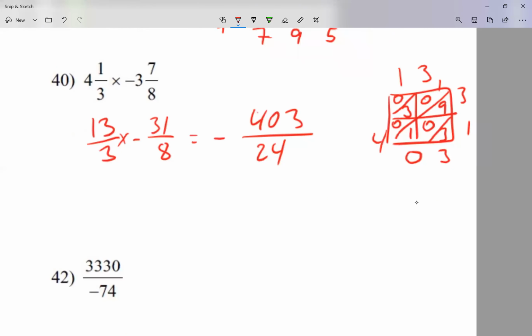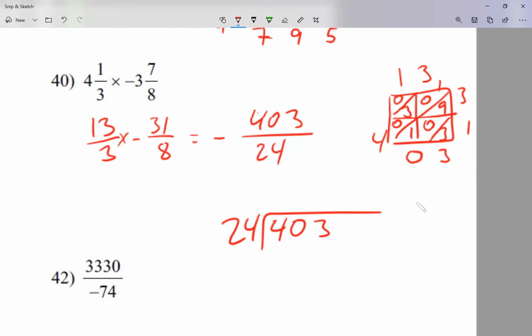All right, so let me divide. How many times does 24 fit into 403? Let me look at 24 into 40. How many times? Well, it looks like 1 time. 40 minus 24 is 16. 24 plus 24 is 48.